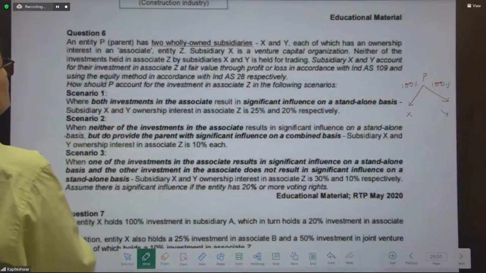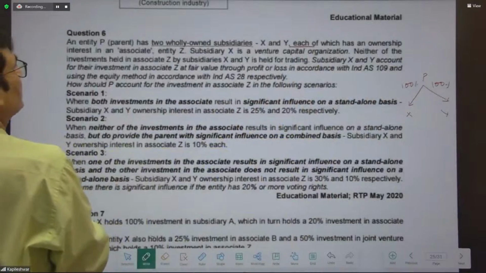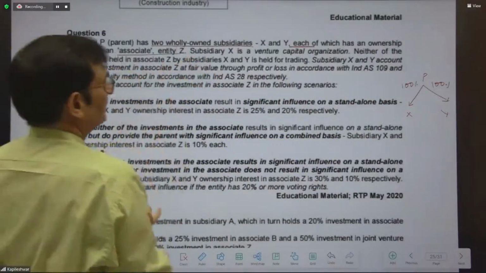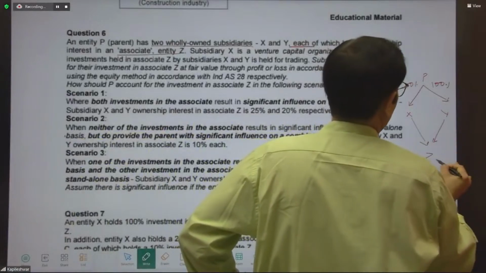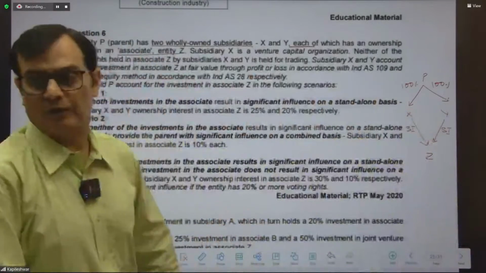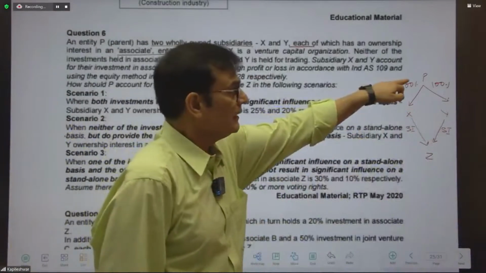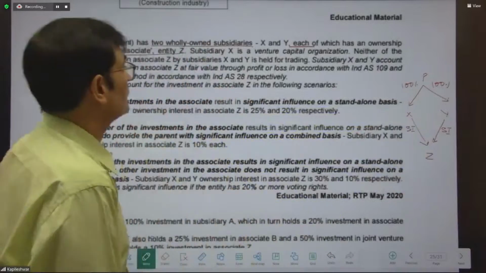And then it says each of which has got an ownership interest in associate entity Z. So they both got a stake in Z. They've got a significant influence over Z. So you've got two subsidiaries, X and Y, and each of your subsidiaries has got a significant influence over Z.